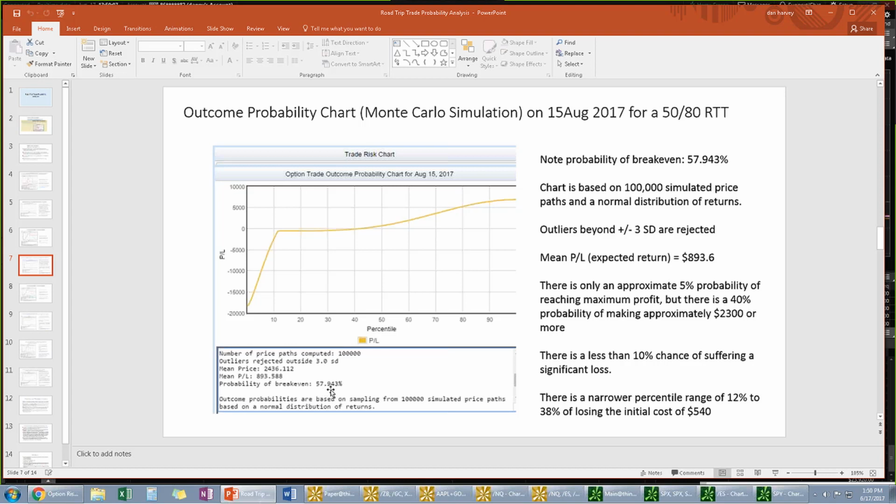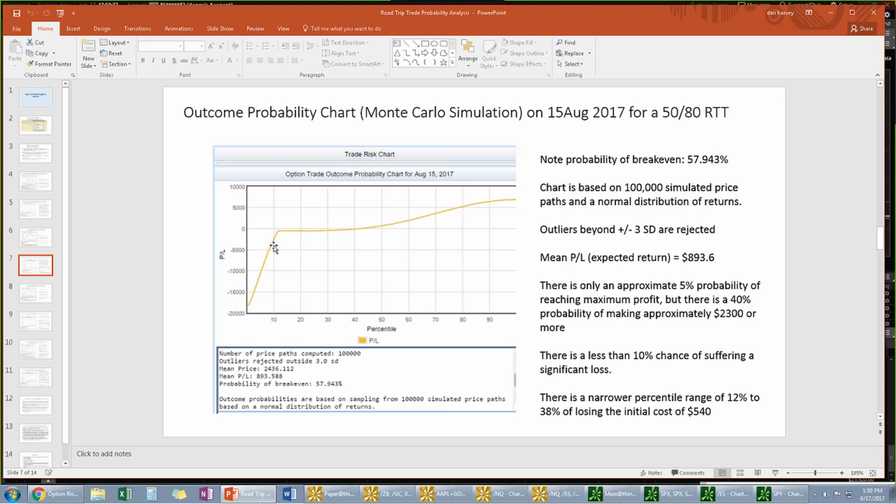And once again, I would challenge anybody to find a strategy where you have that sort of probability of break even when you do a simulated trade 100,000 times. And the other thing to note is that you actually have a very low chance, actually less than 10%, chance of suffering a major loss.